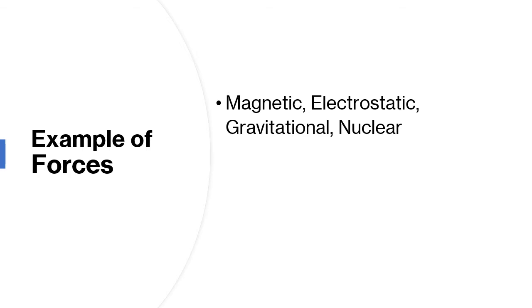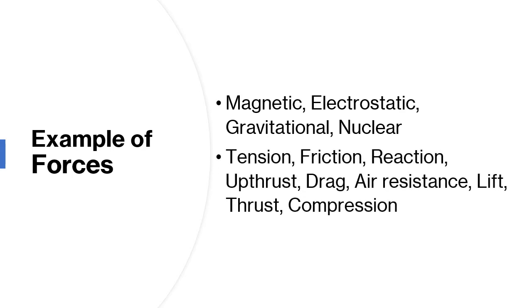So we have magnetic, electrostatic, gravitational, nuclear. And then you have tension, friction, reaction, upthrust, drag, air resistance, lift, thrust, compression. Okay, so these are the different examples of forces. Now, I have written this as 2 bulleted points.